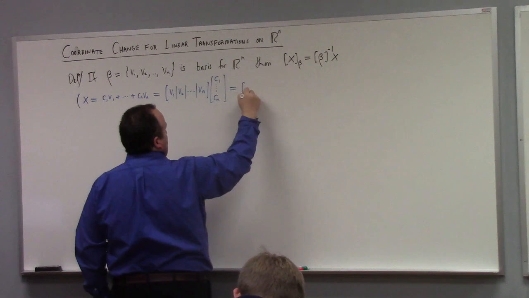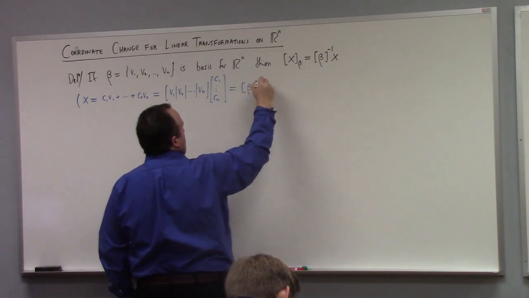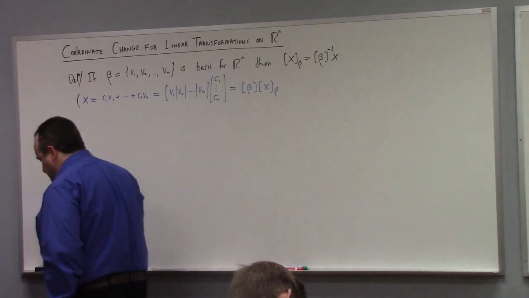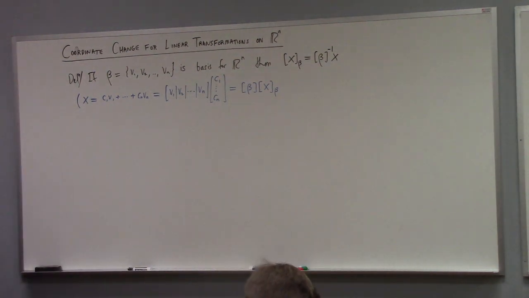But that's exactly the basis matrix beta times the coordinate vector of x. So by definition, if we have a basis, the coordinates of a vector with respect to that basis are literally the weights that we need to form the linear combination with respect to the basis.